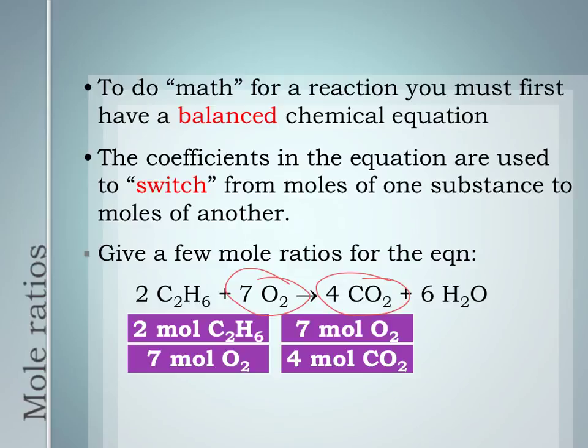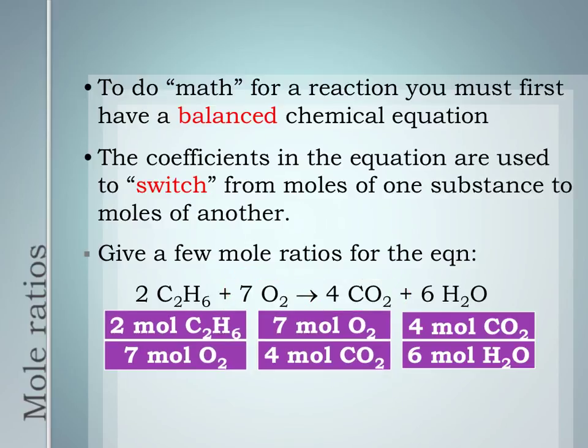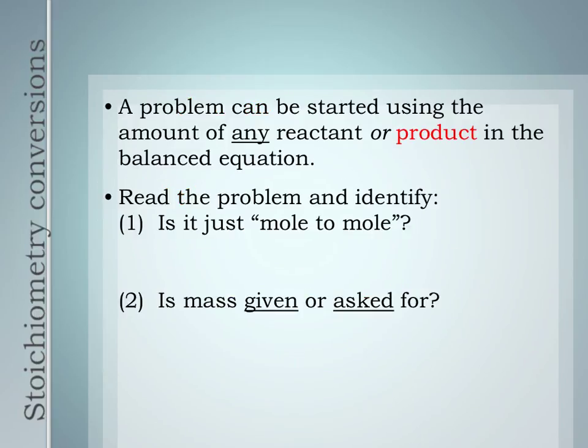Let's look at one final example comparing the products. Here we see for every 4 mole of CO2, we're going to get 6 mole of H2O, and they're listed here as a ratio.